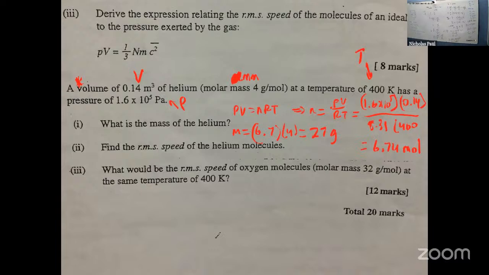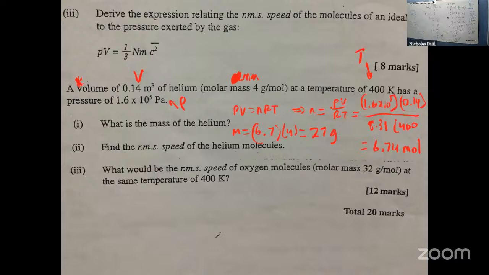Part 2 here. What's the point of part 2 again? PV is equal to nRT. And where again, mean square speed there. Mean square speed. What symbol is that?